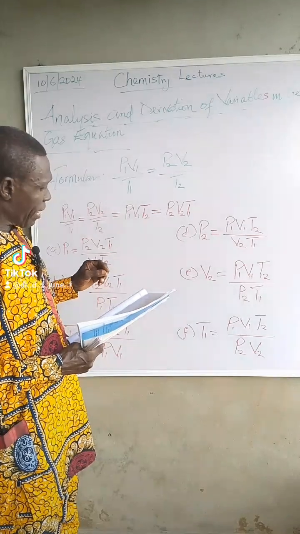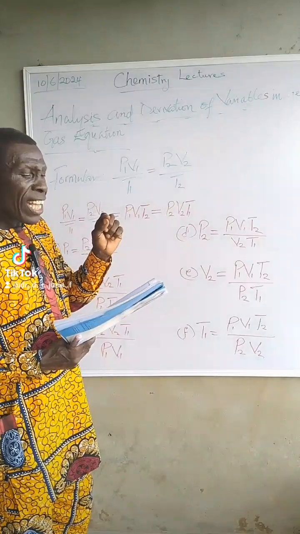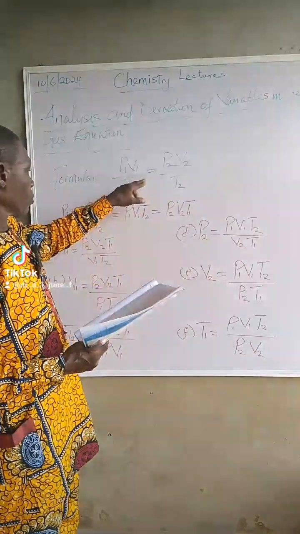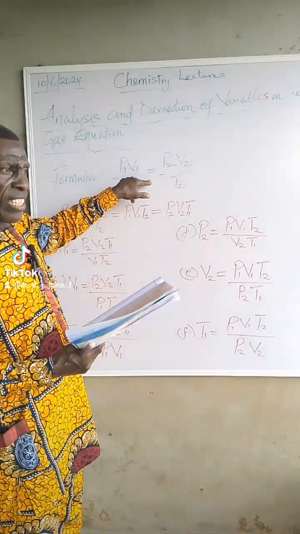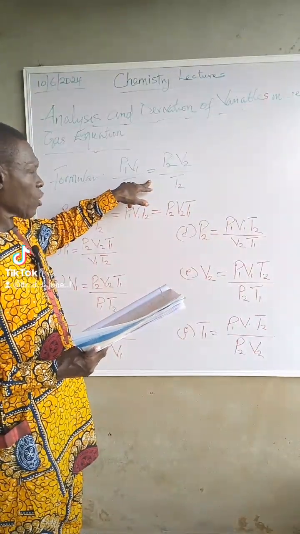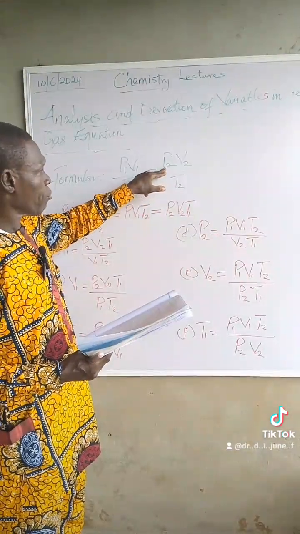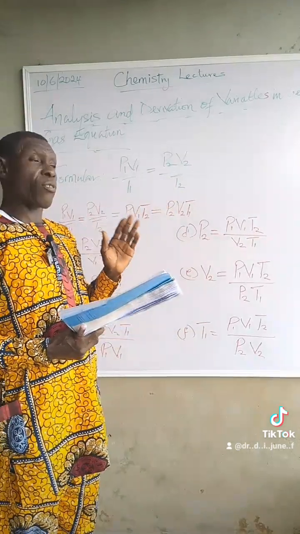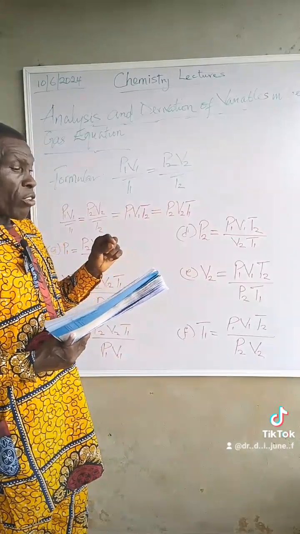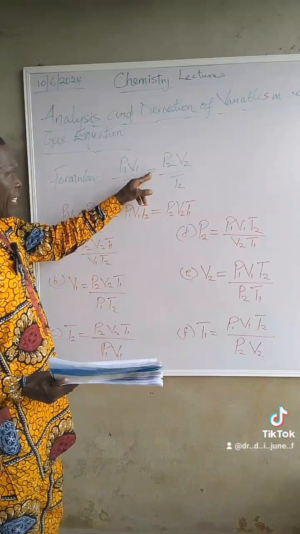Let's go by doing this. Step one, consider this equation. Try to know the equation for the general gas equation, which is P1 V1 over T1 equal to P2 V2 over T2. Once I've gotten to that level, step two is to cross multiply. Now I duplicated this equation here.